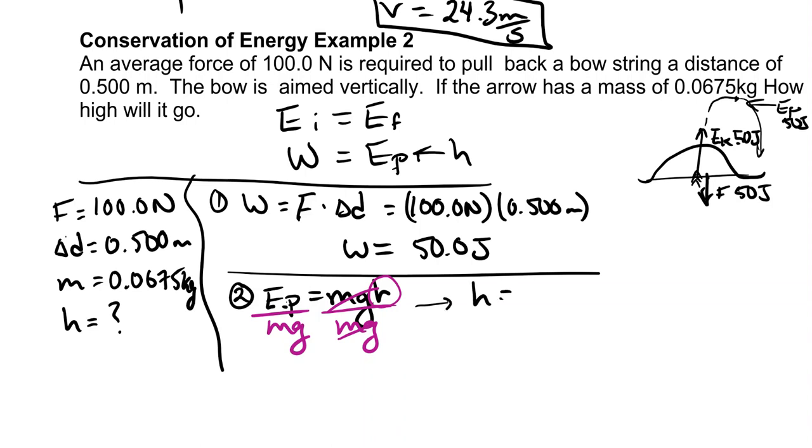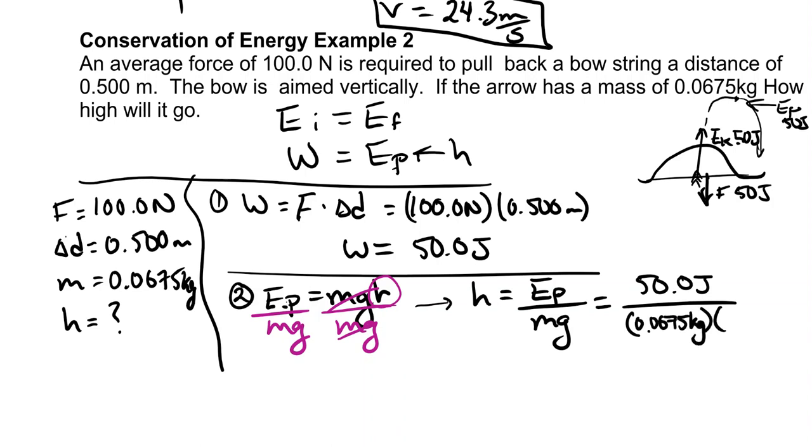So height equals EP over mg. So that's 50 joules worth of energy divided by the mass, which was 0.0675 kilograms, and then g is always 9.81 meters per second squared.